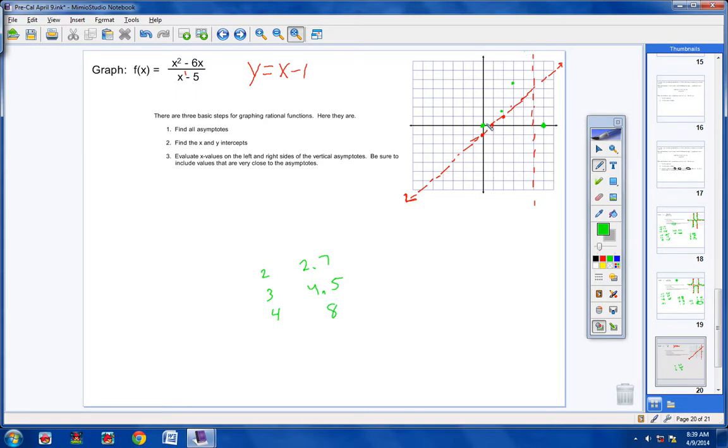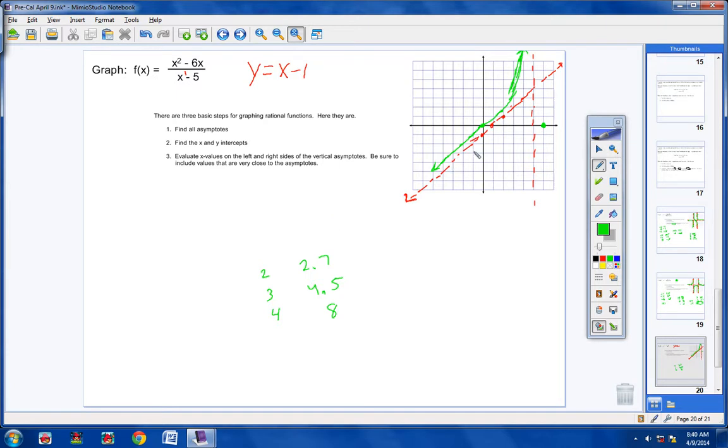So it looks to me like the graph is hitting right here, hitting here, and then notice how it's getting closer and closer to your vertical asymptote over here. Going down this way, it's probably just going to get closer and closer to your slant asymptote, okay? In fact, that's exactly what it's going to do.